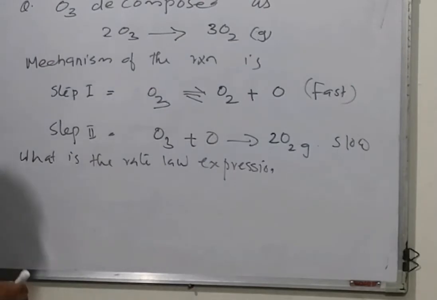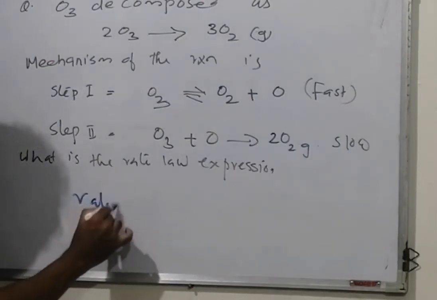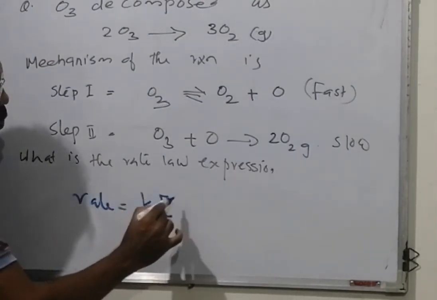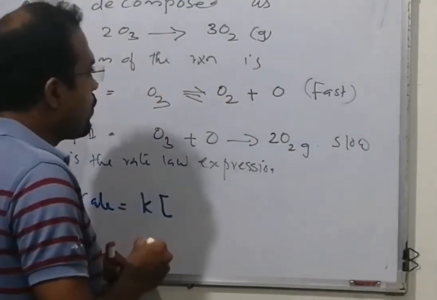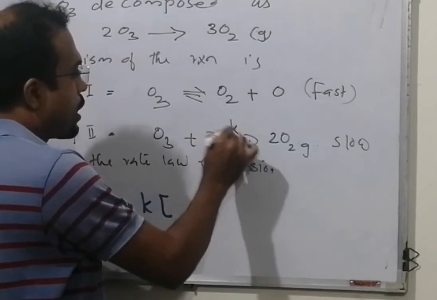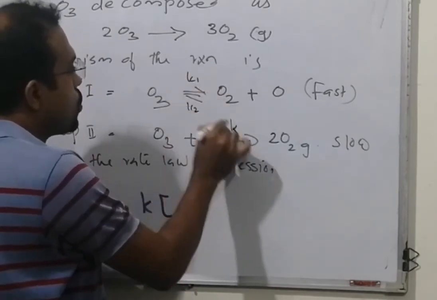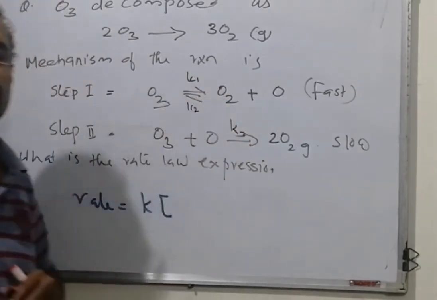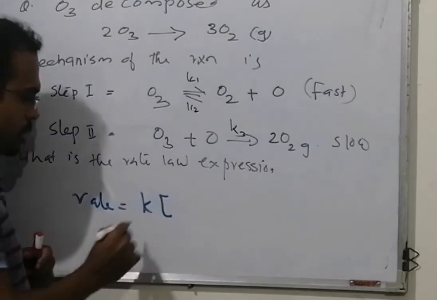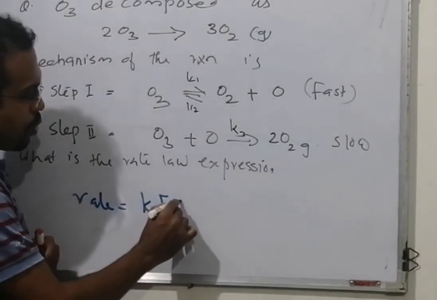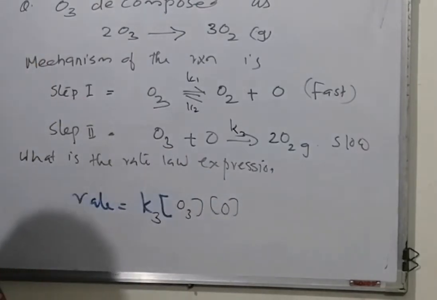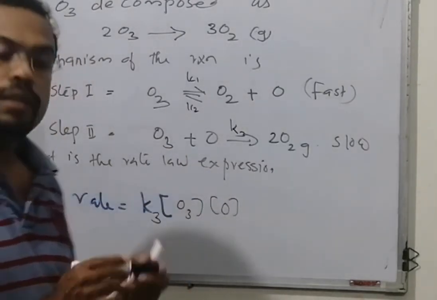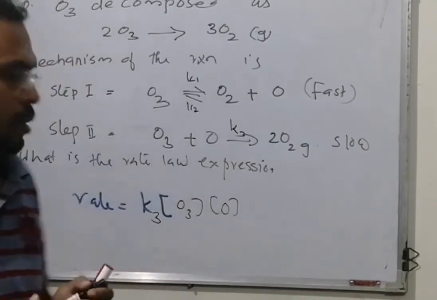In this question, rate is expressed in terms of the slowest step. Suppose the constants are K1, K2, and K3. In terms of the slowest step, rate is K3 into concentration of O3 into concentration of O. Okay, this is right, but this is not the correct answer.